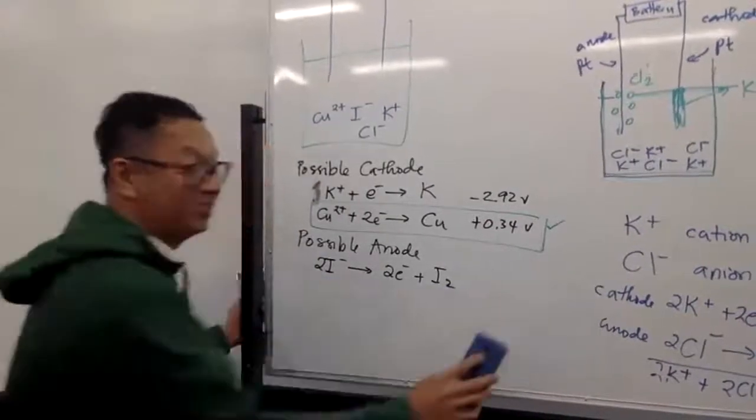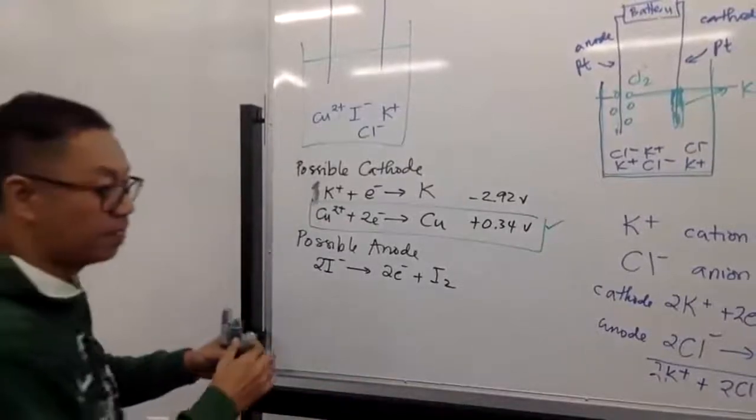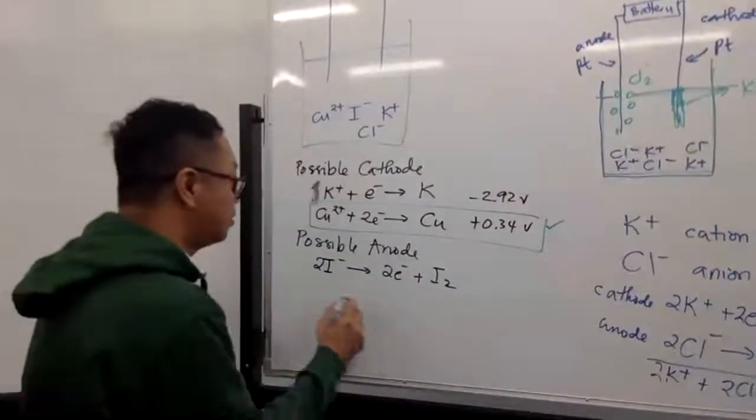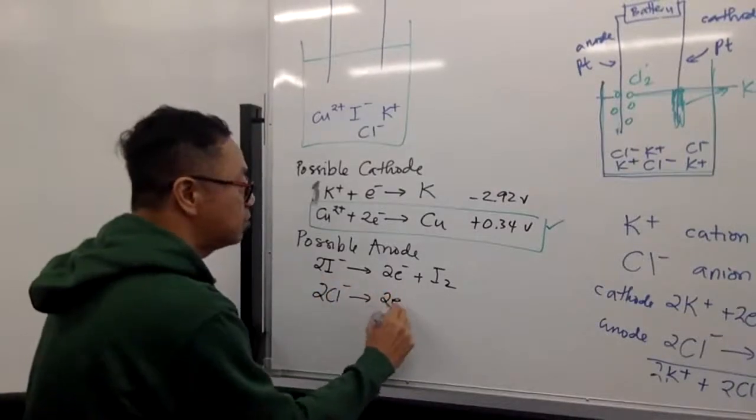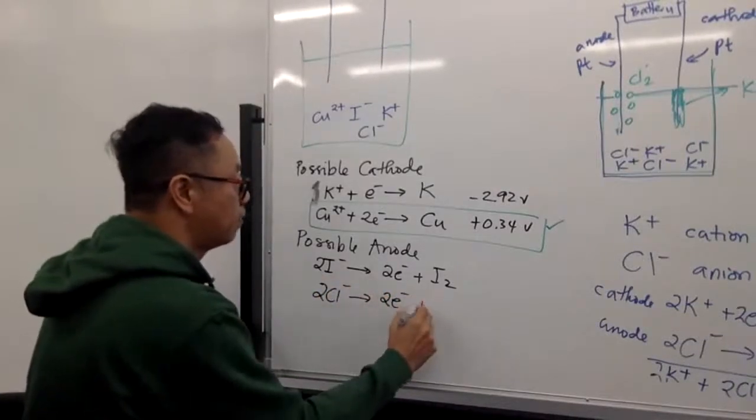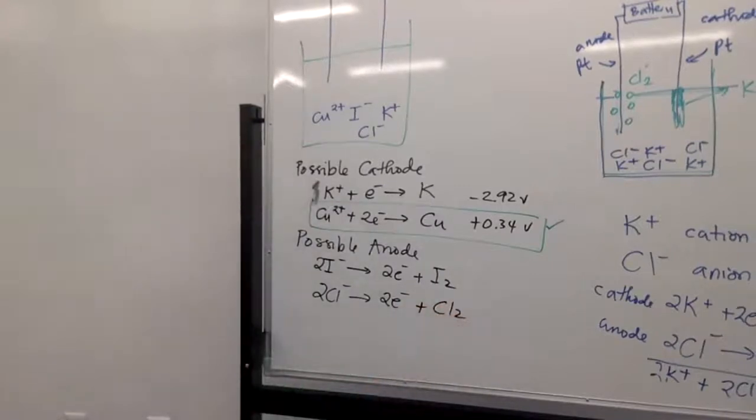I forgot to change the sign. This is going to be 2 chloride giving 2 electrons plus Cl2.